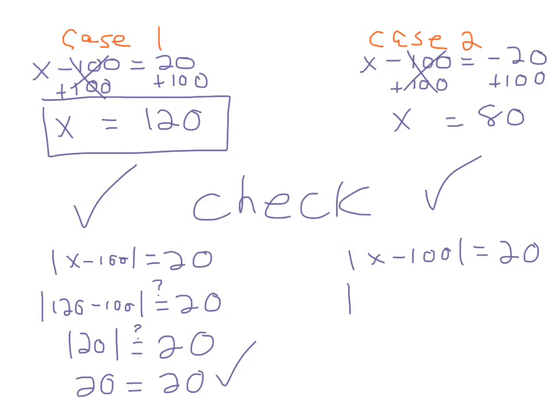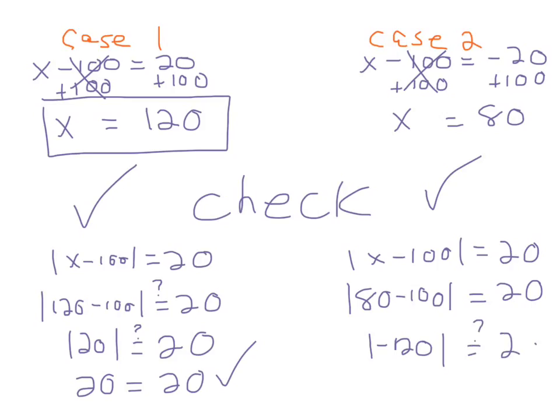I'm going to do the same thing over here. I'm going to plug in 80 minus 100 equals 20. The 80 minus 100 is inside the absolute value, inside the parentheses. Absolute value bars are just parentheses, and there's no other math other than this subtraction. I get the absolute value of negative 20.